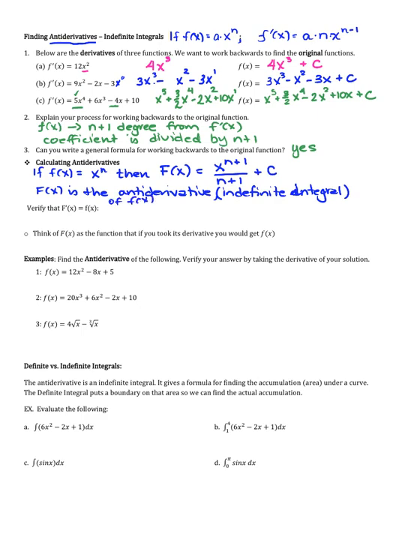Now, let's verify that, okay? So we have F of x is x to the n plus 1 divided by n plus 1. So let's find F prime of x, our generic formula. So how do you take the derivative? We would bring down the n plus 1, right? And that's going to get multiplied by whatever that denominator was, because that's just a number.